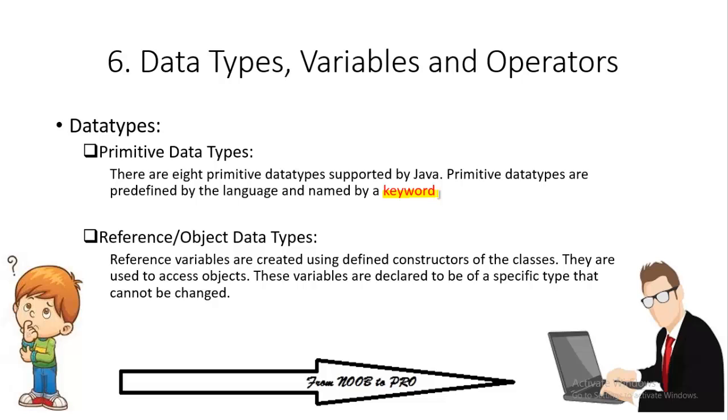A keyword is simply a word or a term that is reserved by the language for a particular purpose. Like class is a keyword. We cannot use it for defining a mango or an orange or anything. A class is a class. So that's what a keyword is. So primitive data types are predefined by the language.